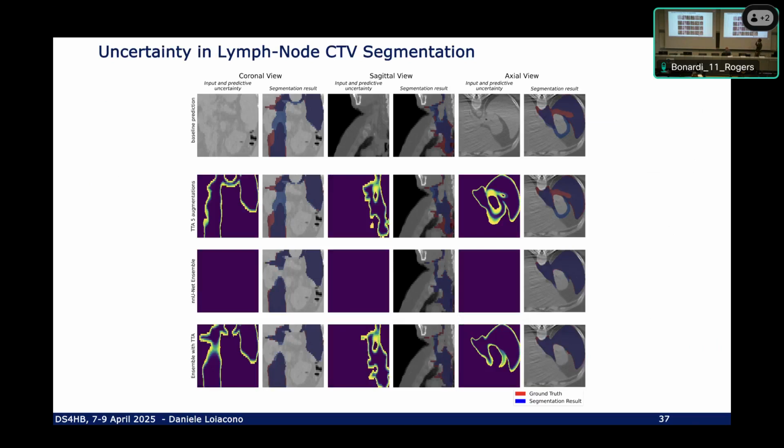This is also very critical when adopting this type of model in the clinical setting, because this can help raise the attention of the radiation oncologist on the areas where the model might be less confident, and so can also help the refinement of the segmentation of the model.